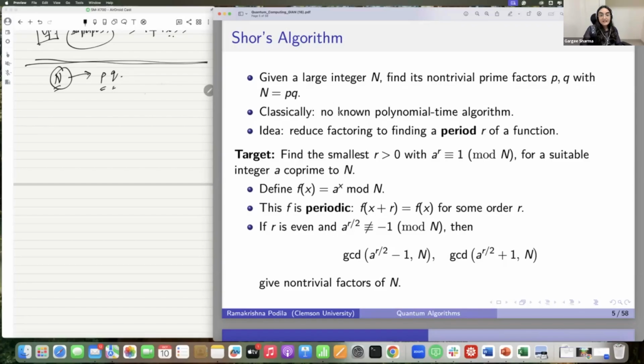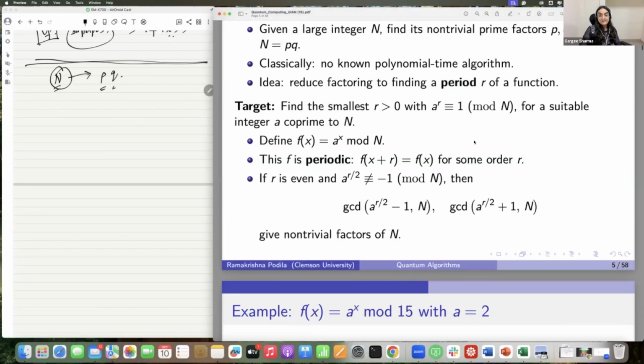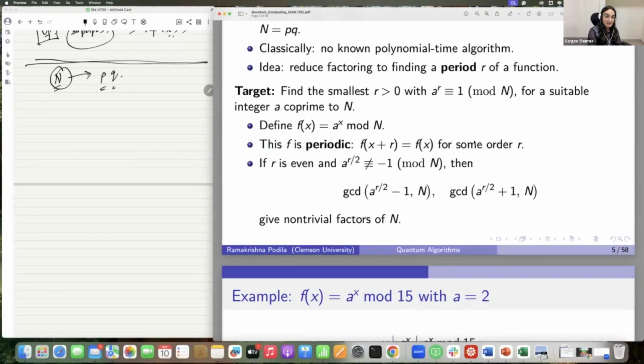So the algorithm works by reducing this problem of factorization to finding the period r of a function. The target is to find the smallest positive r such that a to the power r is equal to 1 modulo n.